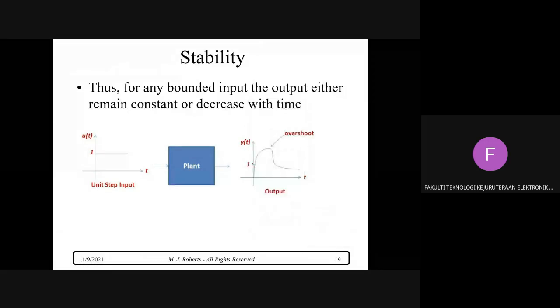Or you have the same constant input and the output decreases with time. So this is a stable system.